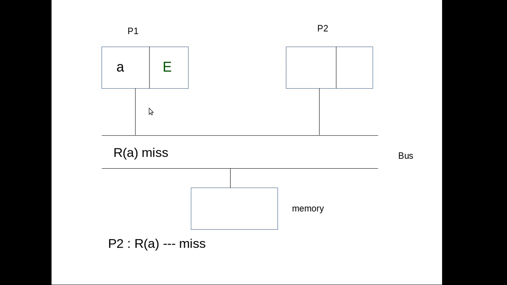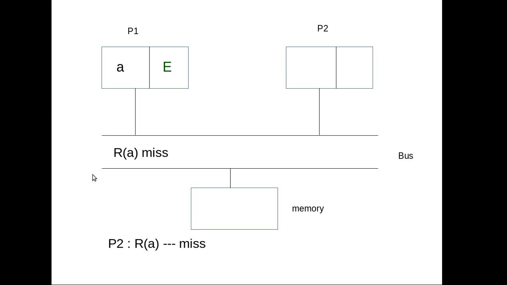If it is in shared state, nothing is done. Let me explain again. When we get a bus hit for read operation, if any processor for the same data is in exclusive state, it has to write back, else nothing is done.